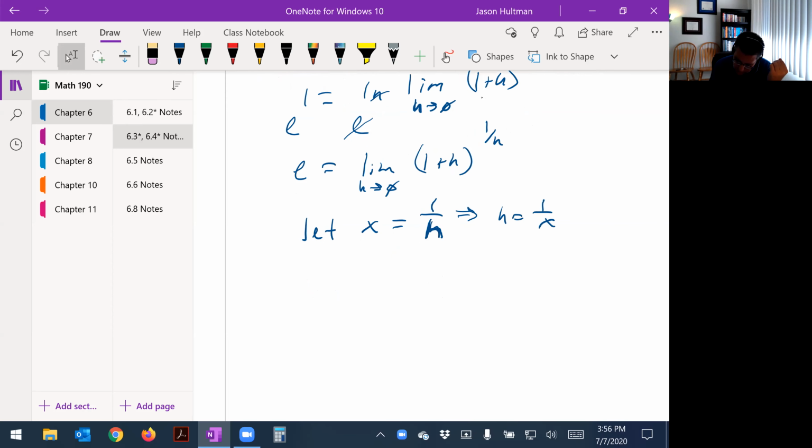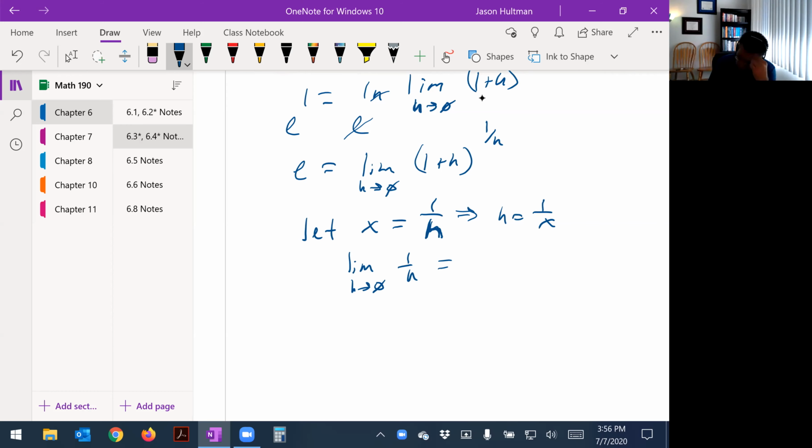And the other thing that this implies is what? The limit as h goes to 0 of 1 over h is equal to what?